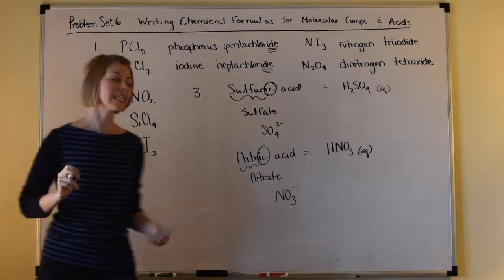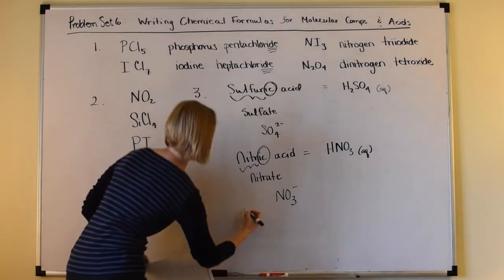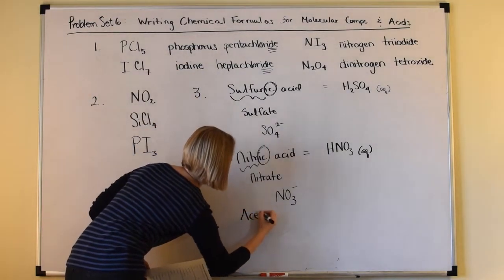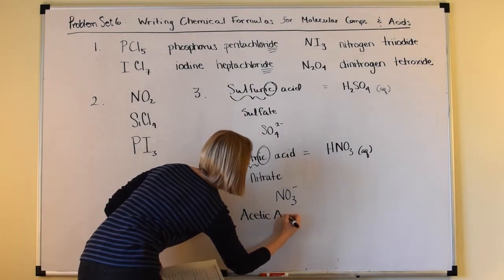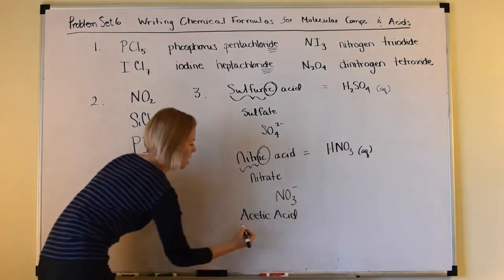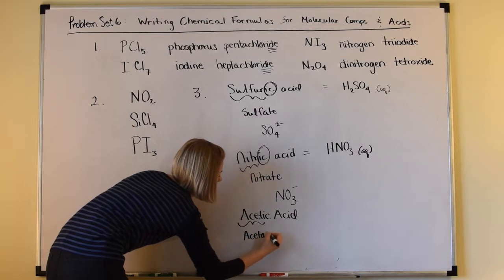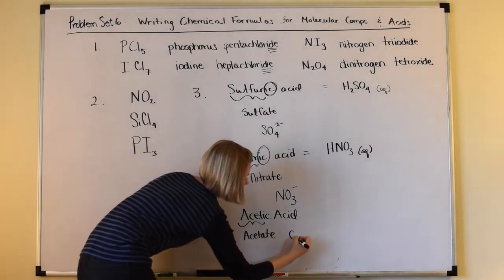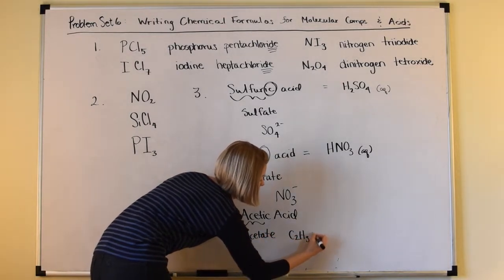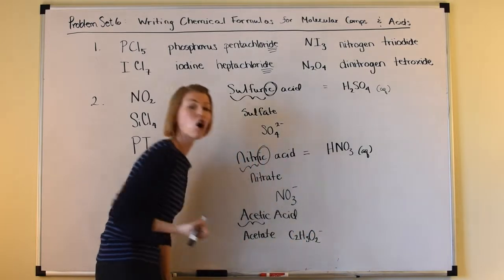All right, acetic acid. Let's see if we have room to do that here. I think we do. Okay, this is from acetate, which is C2H3O2 with a 1 minus charge.